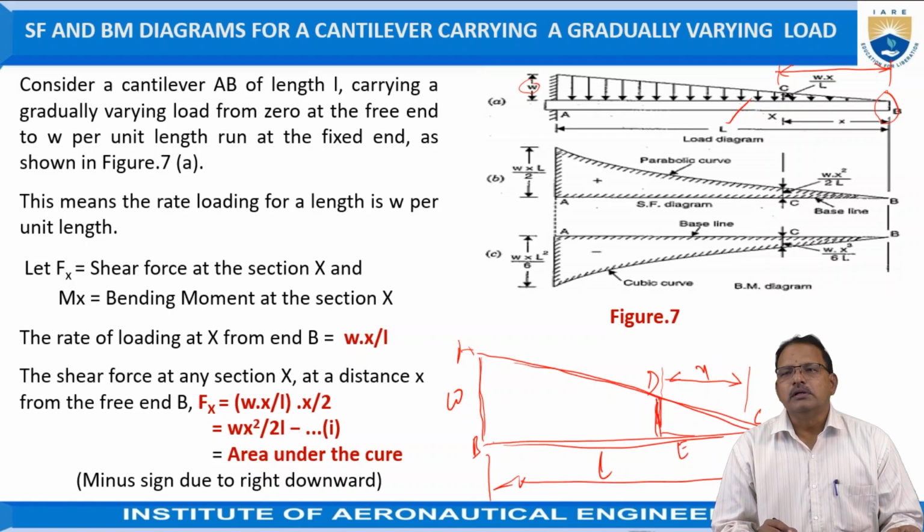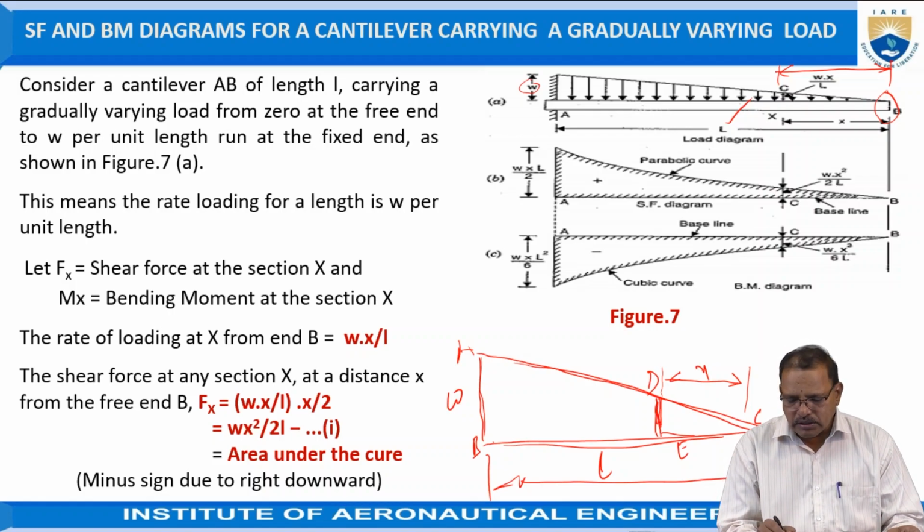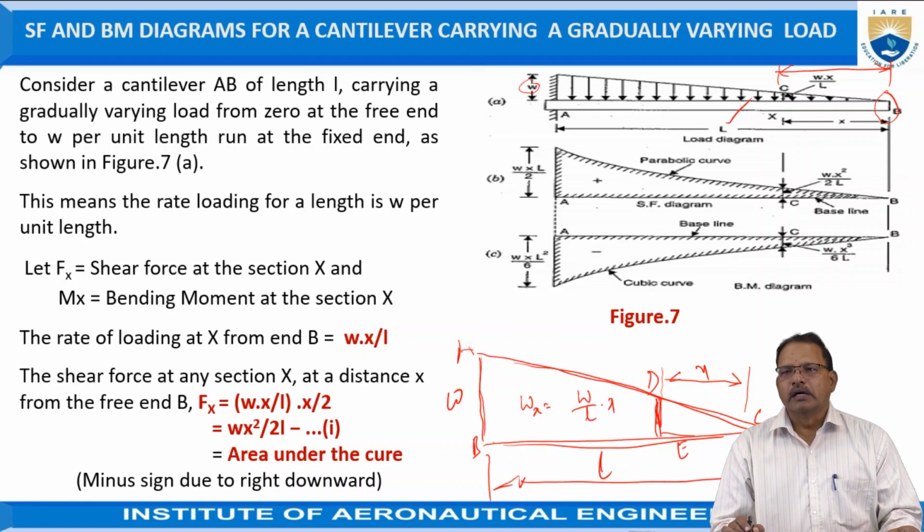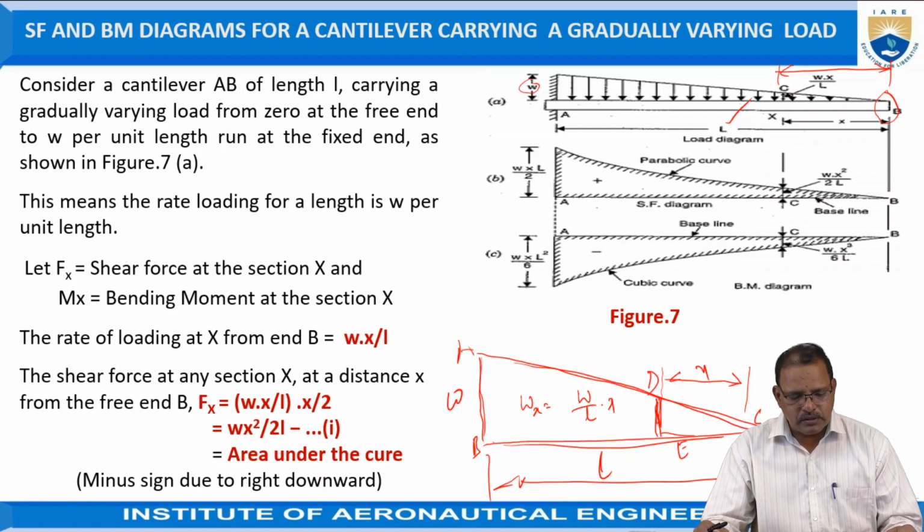This height is the load, which we can take as Wx, and it can be written as W by L into X according to the similar triangle principle. So the load acting at any position is given by that height, Wx equals W divided by L into x.